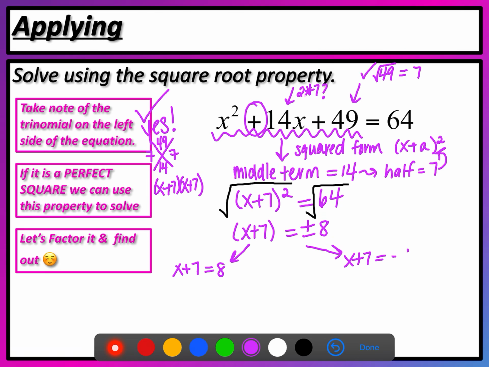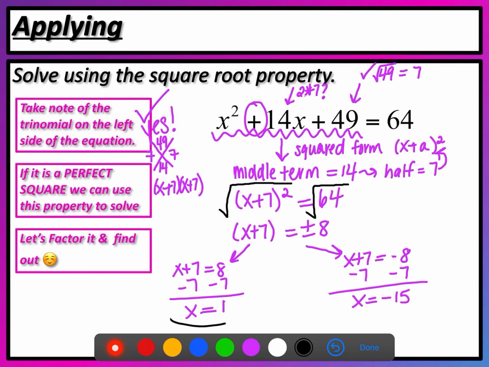You can't get two equations any other way. Okay, and those are my two answers.